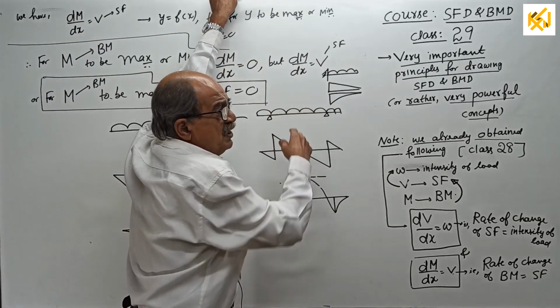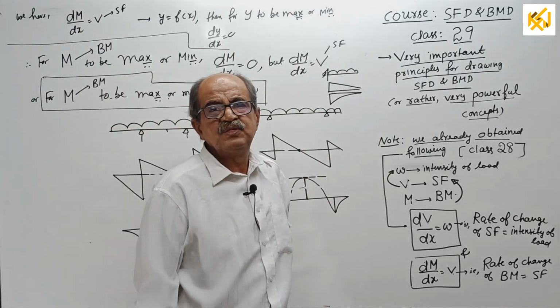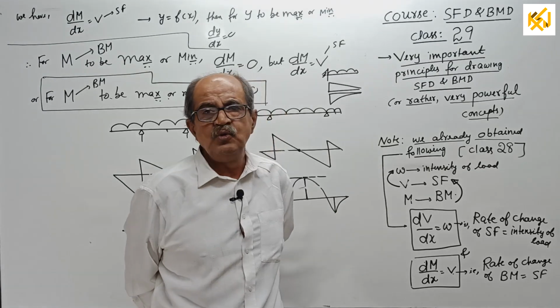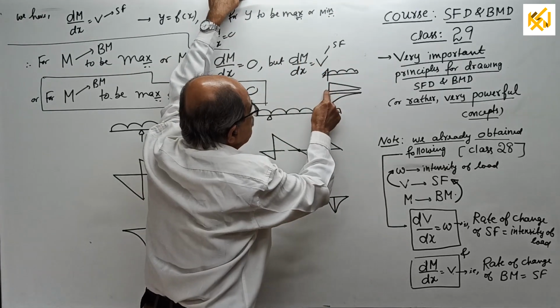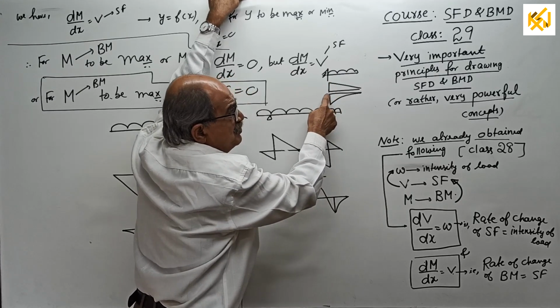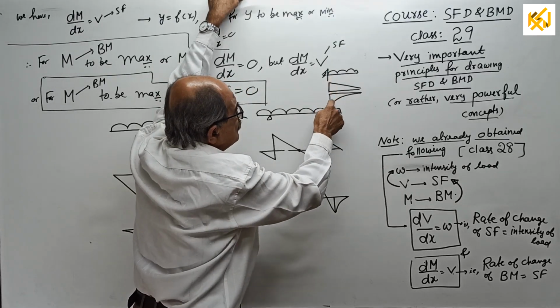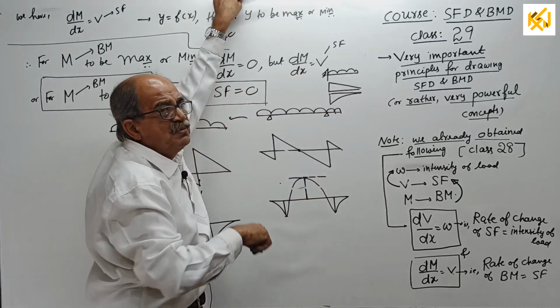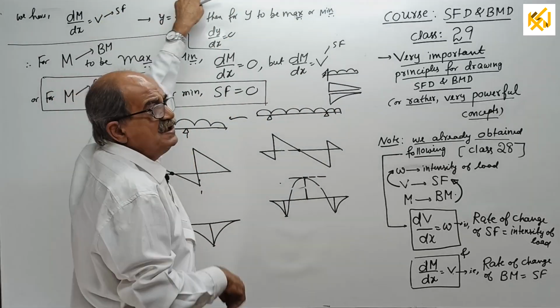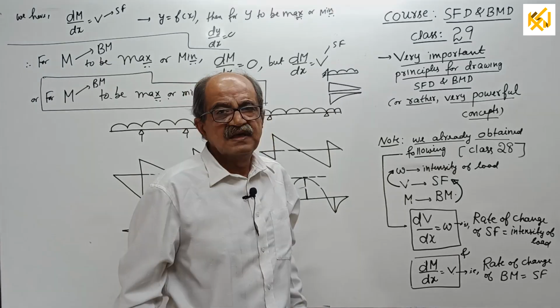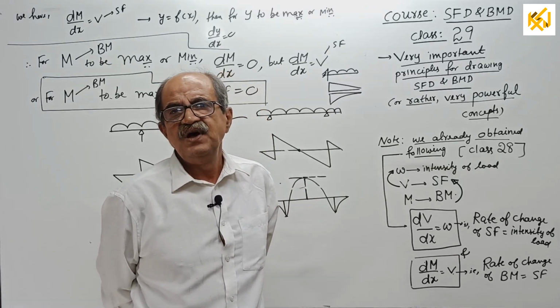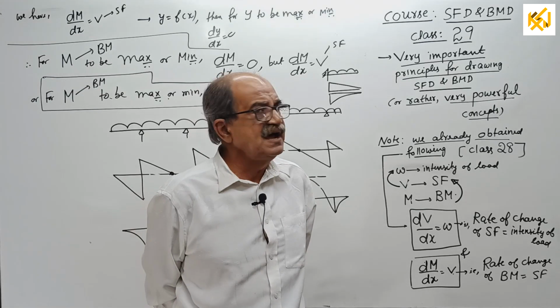So you can now think, those who think they know too much concept should start thinking: what happened here? Shear force is maximum here, and BM is also maximum there. That is, bending moment is maximum where shear force is maximum. What I told earlier is not valid here. The reason is there in structural engineering, or especially in engineering mechanics, strength of materials or structural analysis.